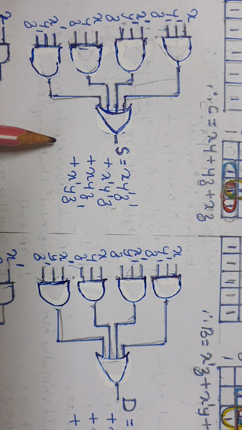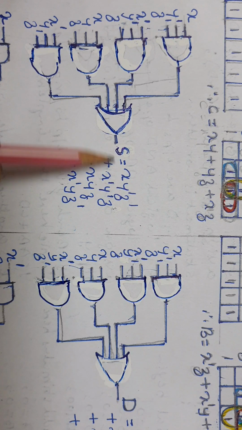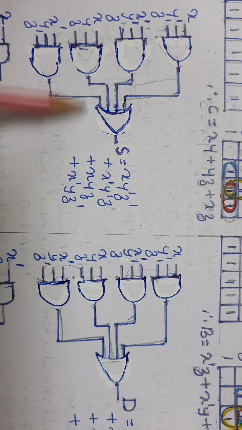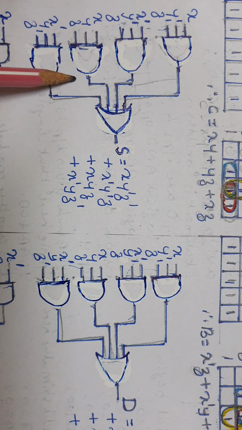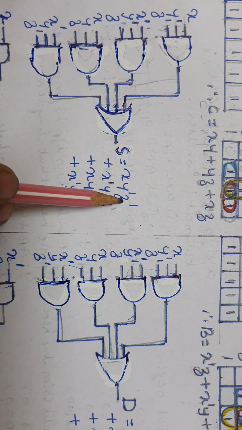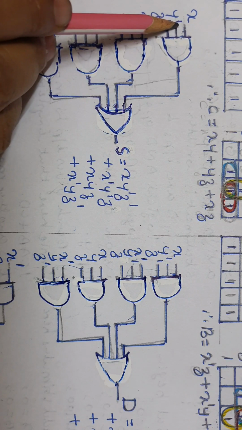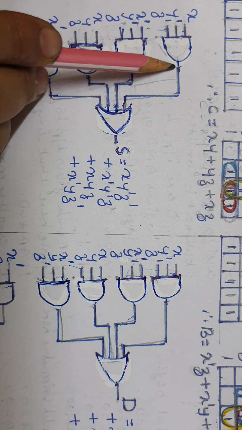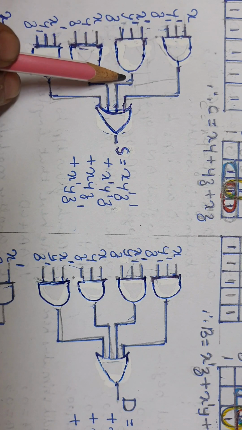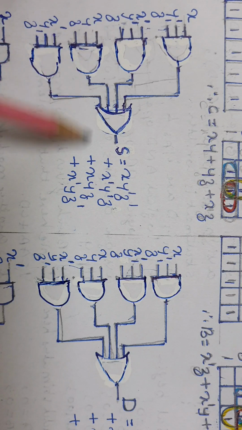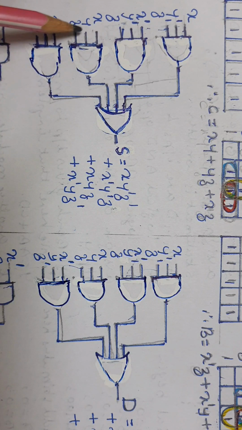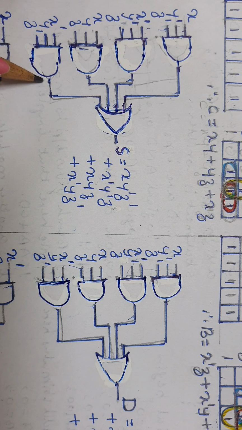From the truth table for S output, using K-map we had derived the simplified expression for S that we have written here. According to this, the logic diagram is drawn. S equal to x y' z', so x y' z' are ANDed. Similarly here x' y' z, and here x y z, and here x' y z'.